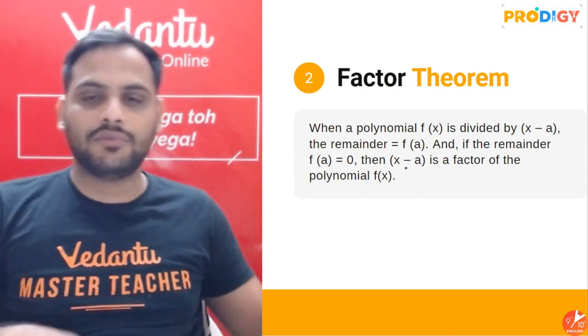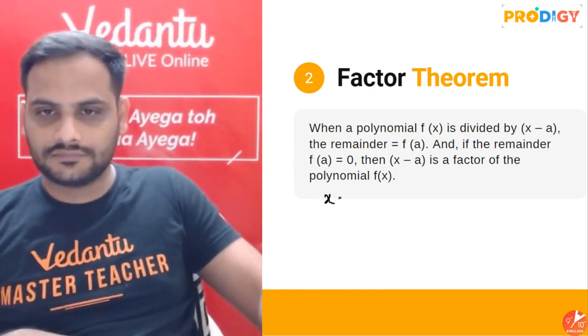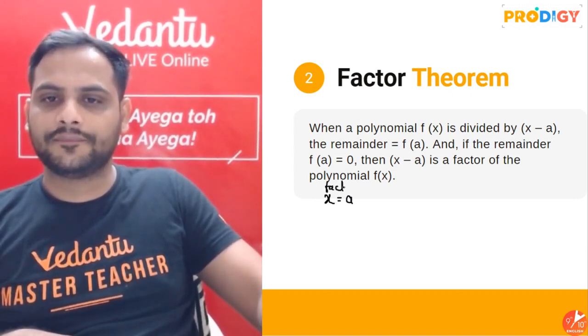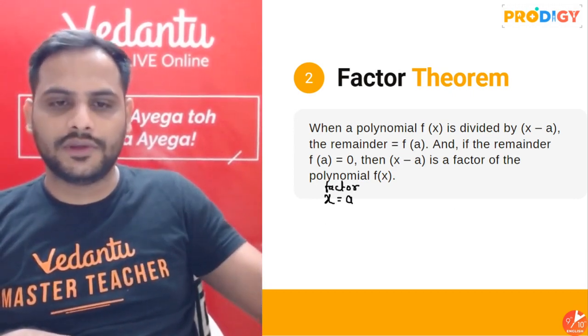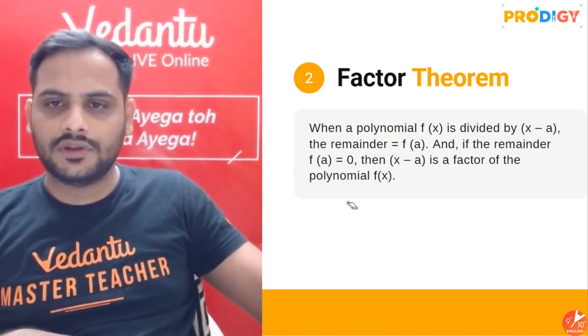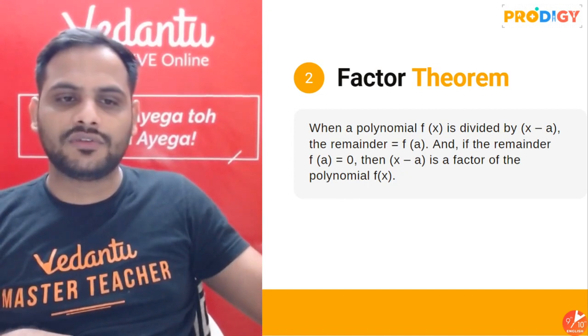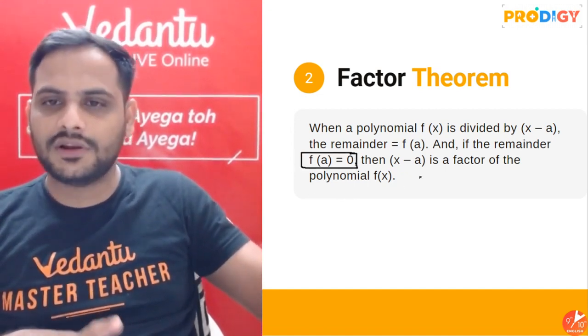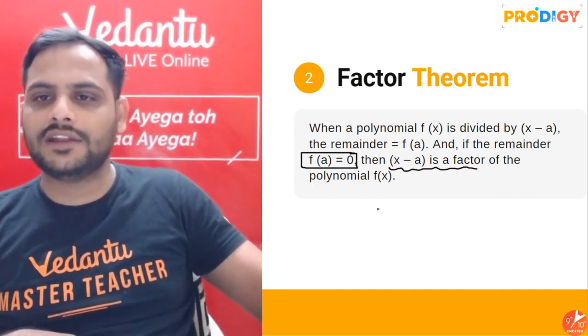Now here the most important thing is that if f of a is equal to 0, that means I can say x equal to a is a zero of the polynomial. So it relates the zero and the factor.